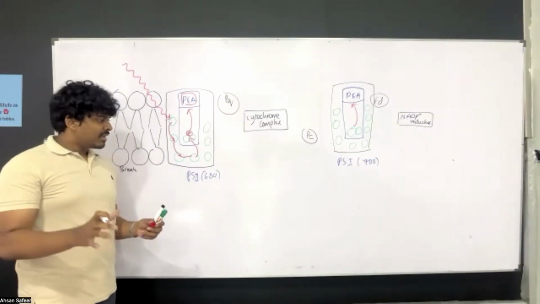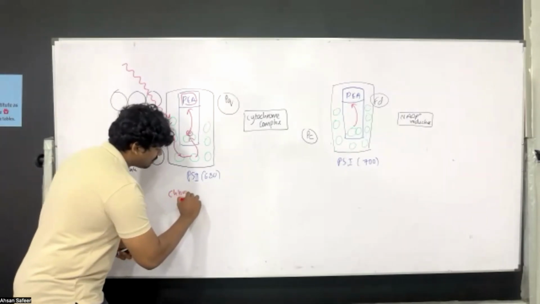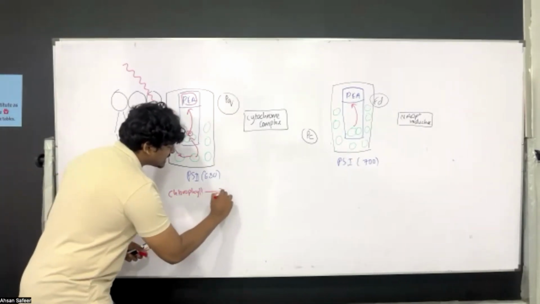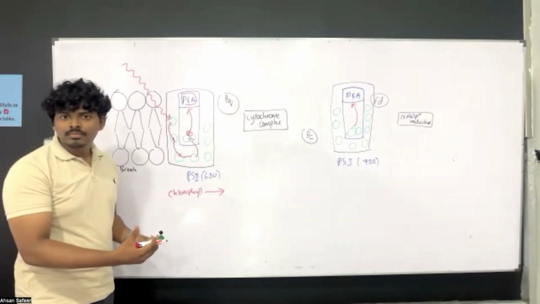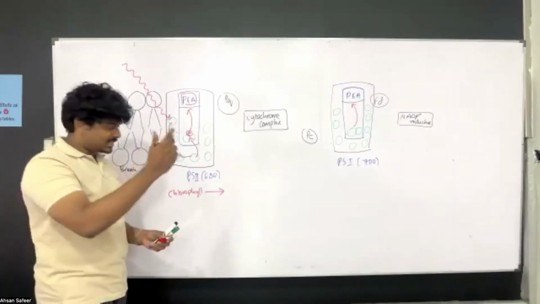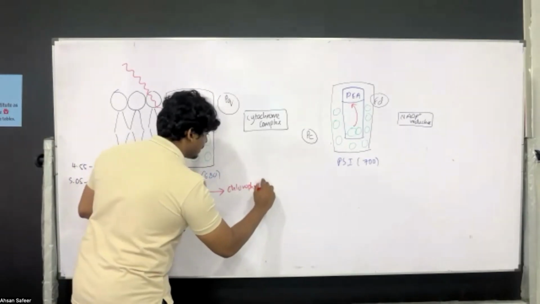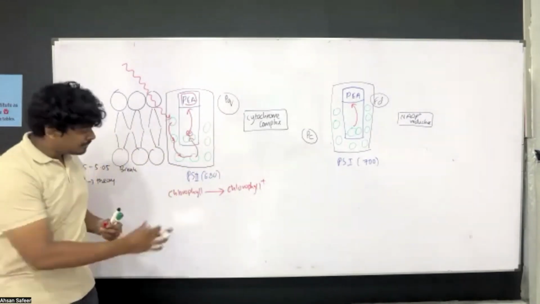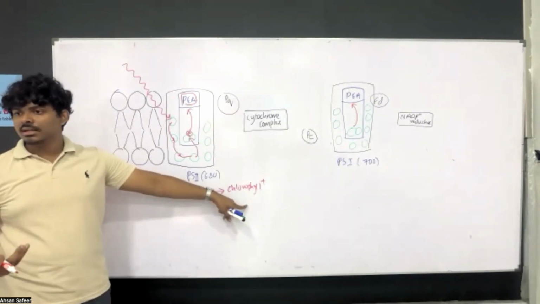Now remember, when chlorophyll loses its electron, what does it form? Chlorophyll plus. So initially, what was it? A neutral compound. Now it is a positively charged compound.